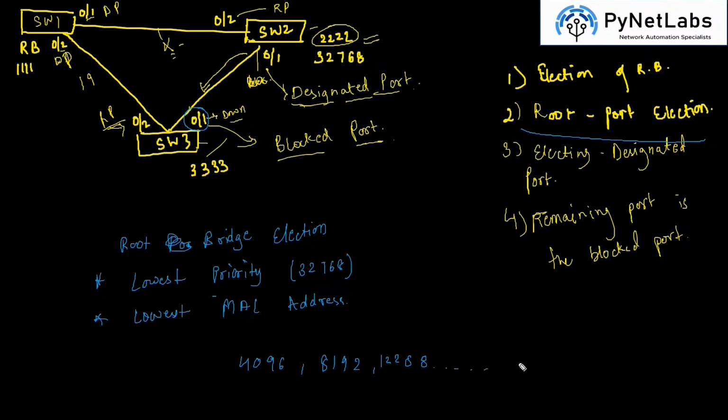It will go until 61 something. We will look into that once we are on the practical. But you always have to put a priority which is a multiple of 4096. So that's something you have to keep in mind while assigning any priority to the switch. Make sense?